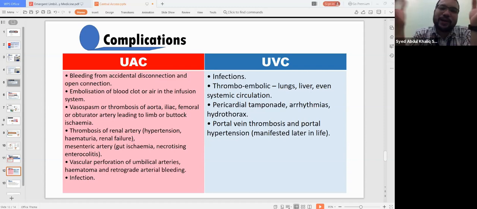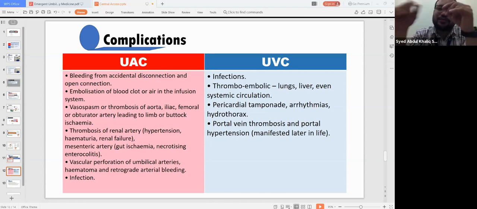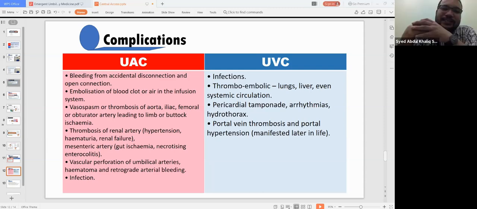It was seen by a vascular surgeon, and the decision was to just keep it there because the risk of bleeding from surgery is higher. But there is a risk of the child developing portal vein thrombosis later on. So all these are serious complications.